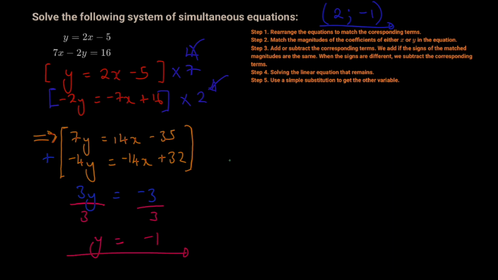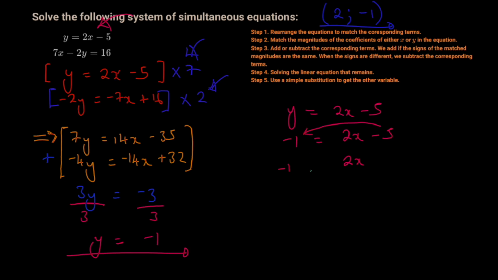And then now you're just supposed to compute the value for x. So you can choose the equation that's simplest. I'm going to choose this one here, okay? So I'm going to choose y equal to 2x minus 5, and then I'm going to substitute the value of y. So y is equal to minus 1 here. It's equal to 2x, just 2x minus 5, and here I'm going to leave 2x here. This one I'm going to kick it over to this side, to transpose it.